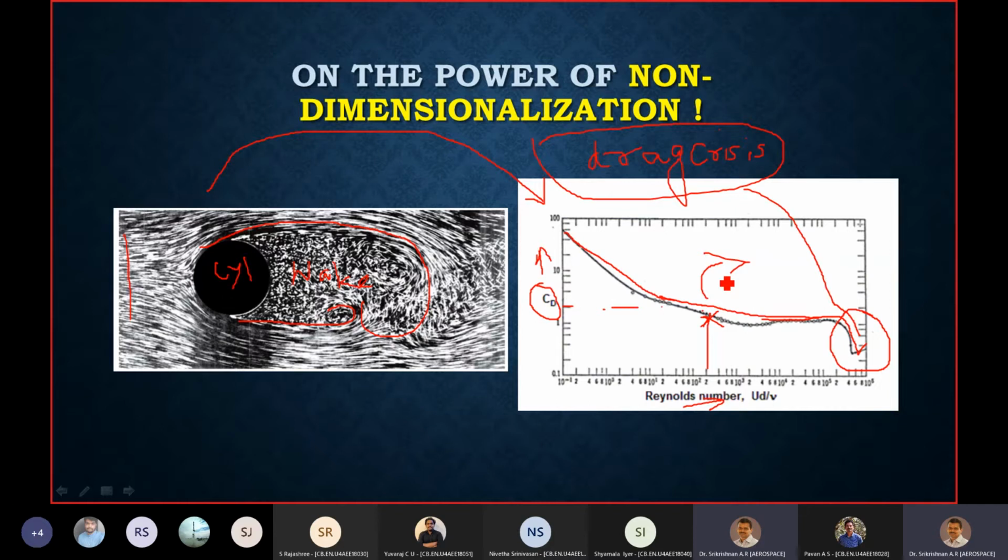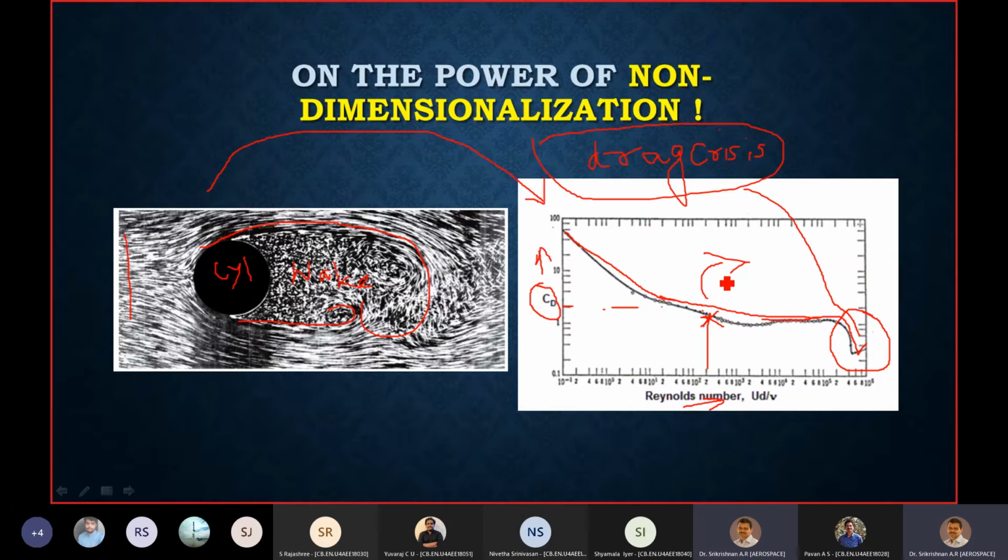He or she can use this graph definitely without worrying about whether the experiment was originally done with water or air, or what was the actual dimension of the cylinder, etc. Because the data is presented in terms of non-dimensional parameters.